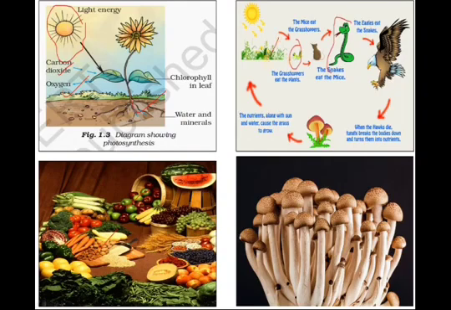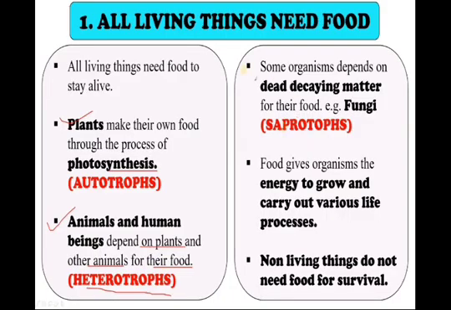Grass is eaten by grasshopper, grasshopper is eaten by rat, rat is eaten by snake, snake is eaten by the vulture, and finally the vulture undergoes degradation, and from the dead decaying matter the saprophytes, the fungi, originate.